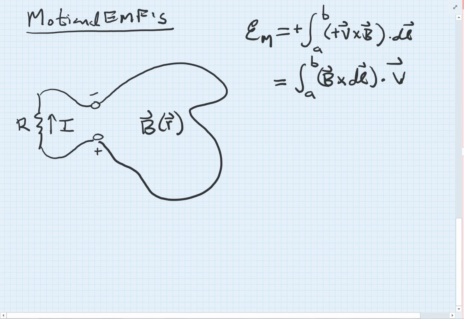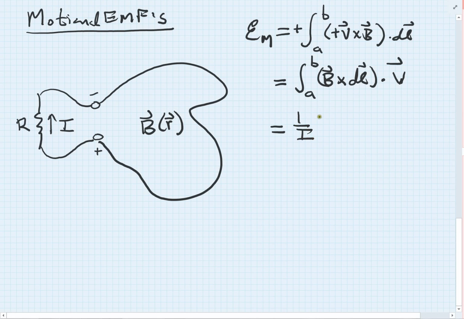Now, if I think of this physically for a moment, this term, B cross dl, should look very familiar to us. It looks almost like the force law on a chunk of wire. Let me divide by I to make this a little more clear.